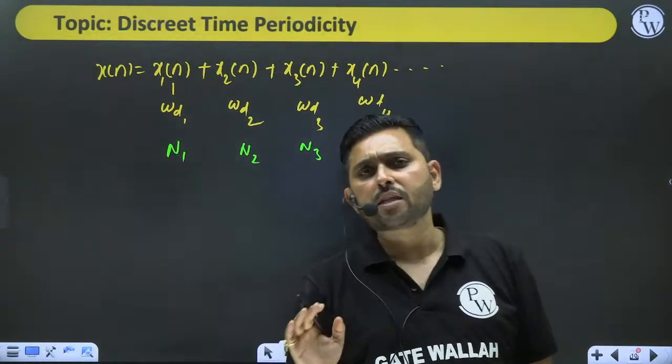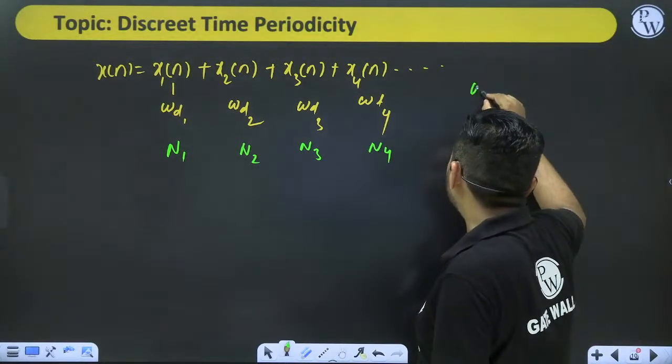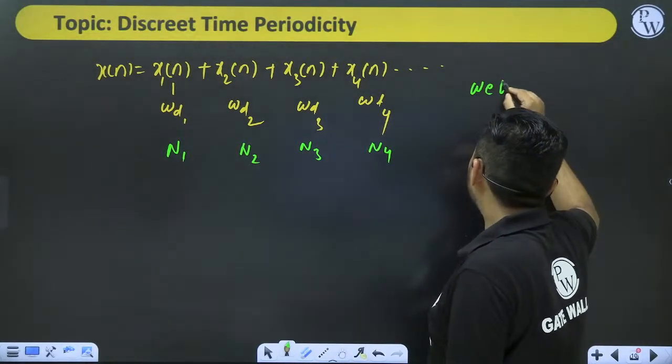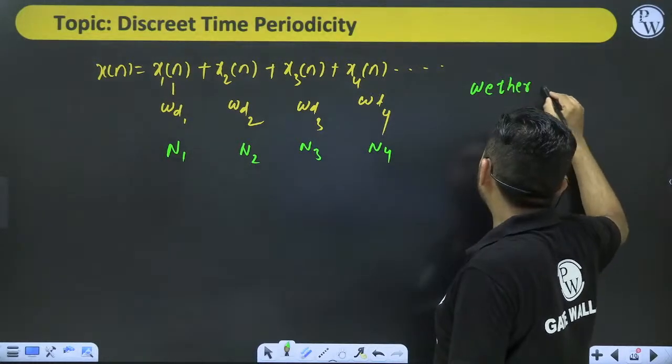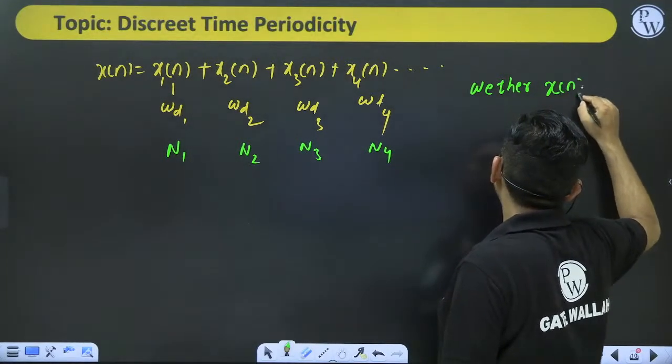First check whether the periodicity exists, that is, whether x[n] is periodic.